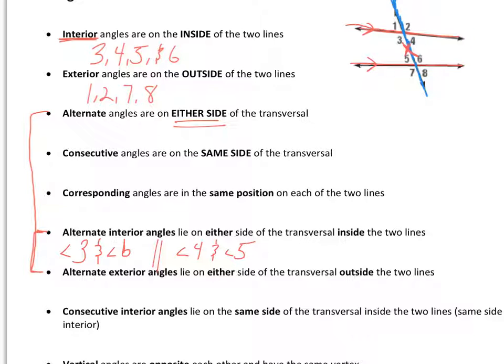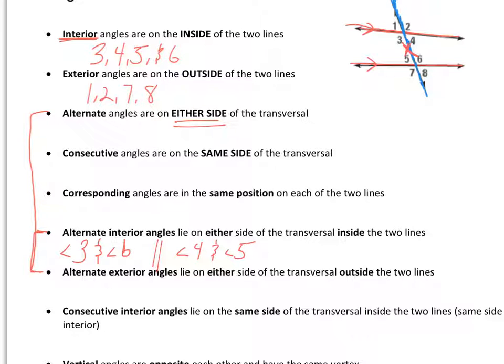Just like having alternate interiors, we can have alternate exteriors. So let's just look at angle 1. My exterior angles are 1 and 2 and 7 and 8. I want alternate exterior angles, meaning they're going to be on opposite sides of the transversal, and they're not going to share a vertex. So angle 1 and angle 2 are not alternate exteriors.